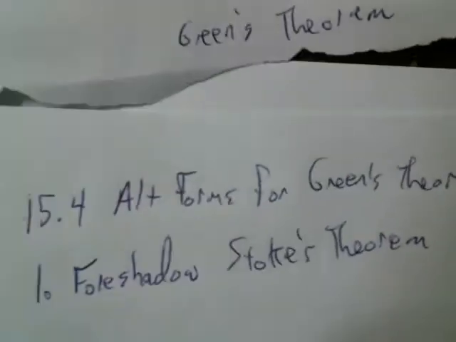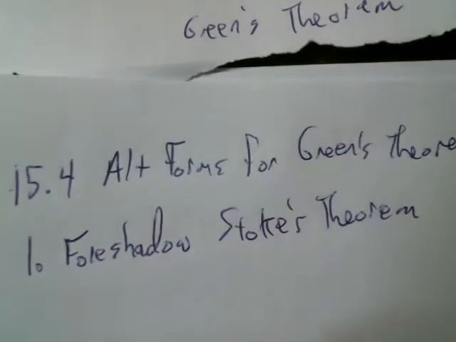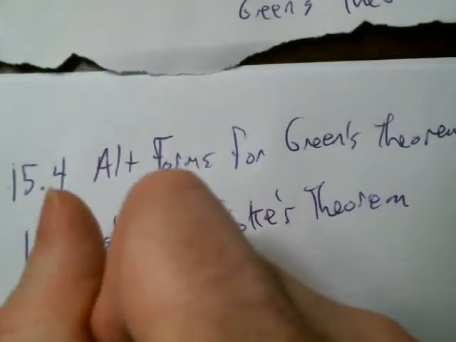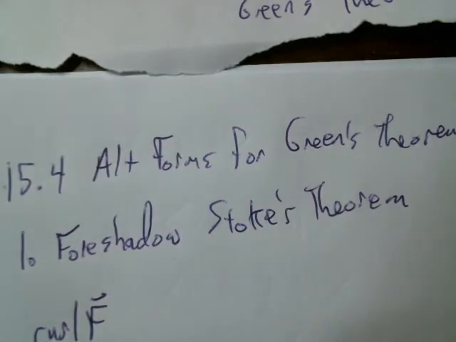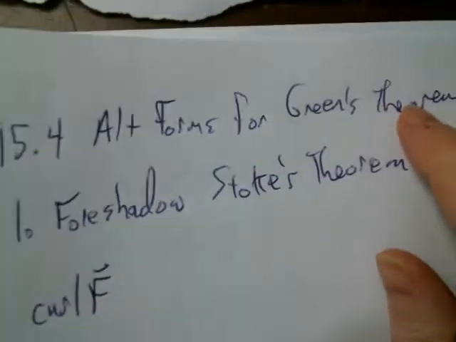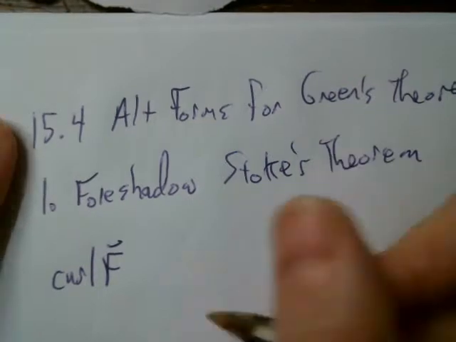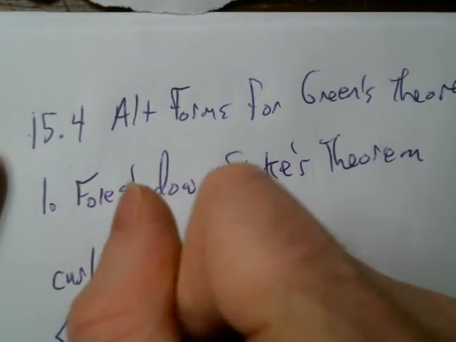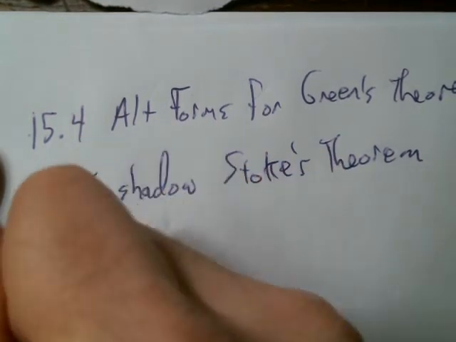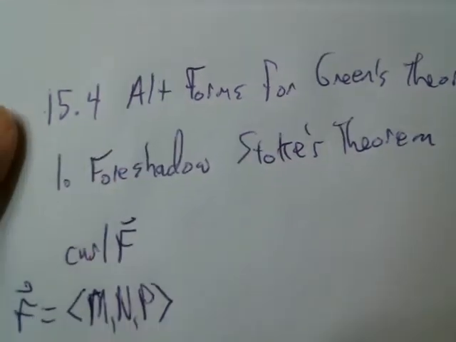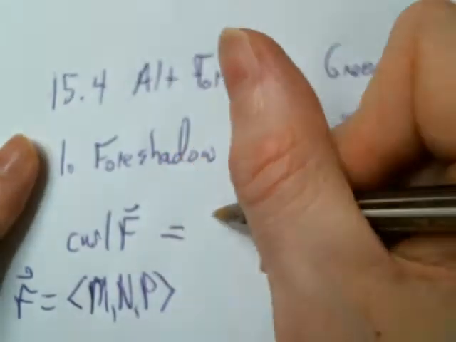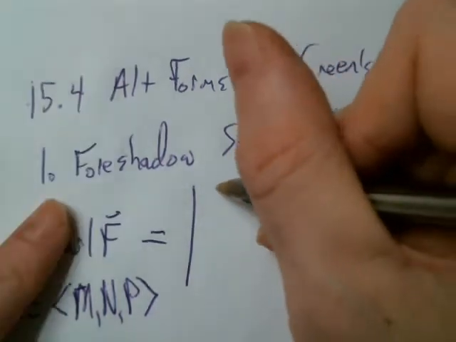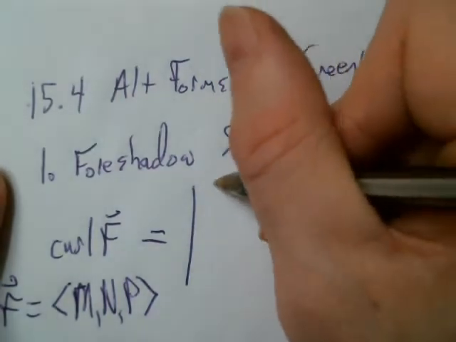The first thing we're going to do is foreshadow Stokes' theorem. In order to do that, we're going to note the connection between the curl operator and Green's theorem. Let's remind ourselves what the curl of F is. If we have a vector field F given by M, N, and P, the curl of that vector field you would figure out by doing a determinant type computation.